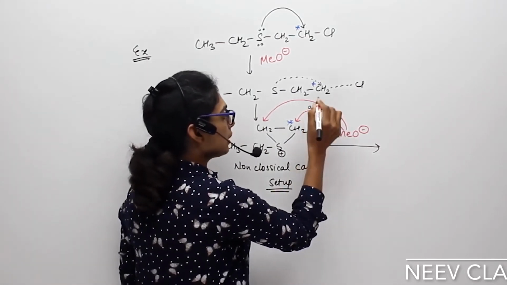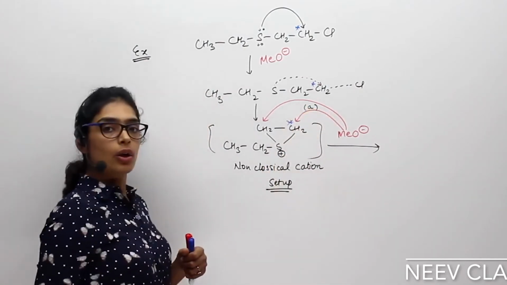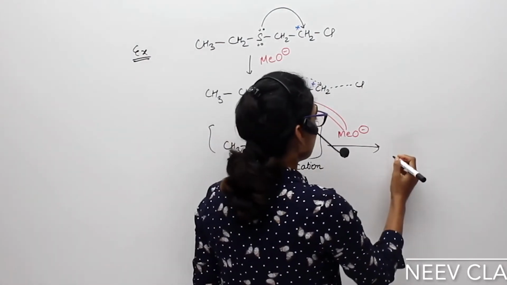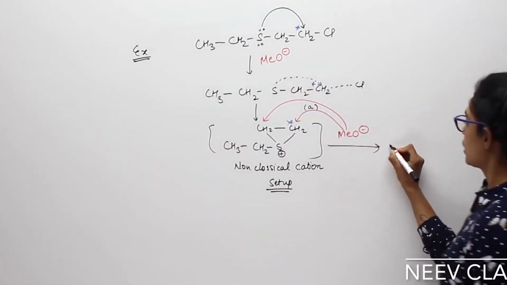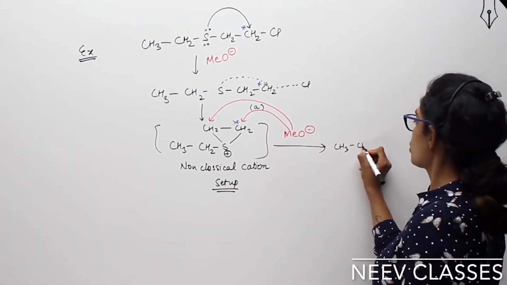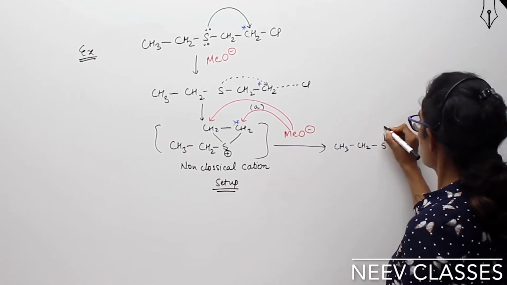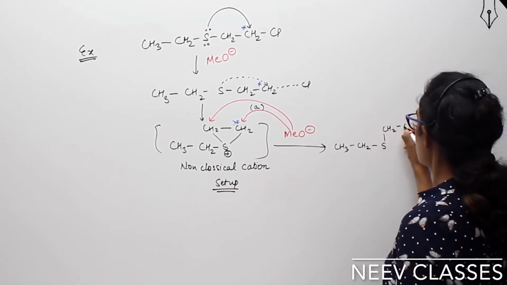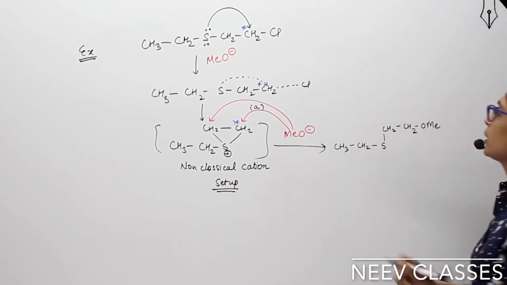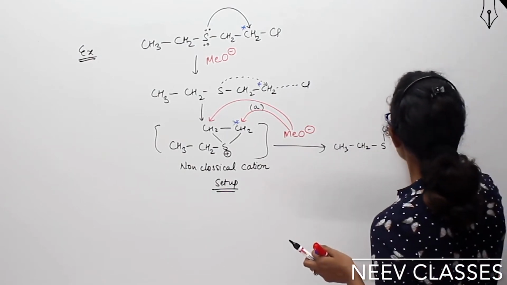If I go by path A, assume attacking on carbon 14 is called path A. The product formed would be CH3, CH2, S, CH2, CH2, OMe, and this is my carbon 14.